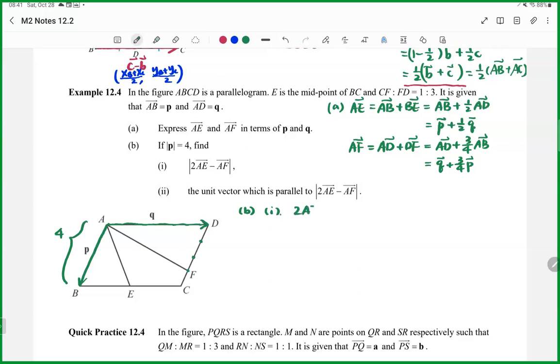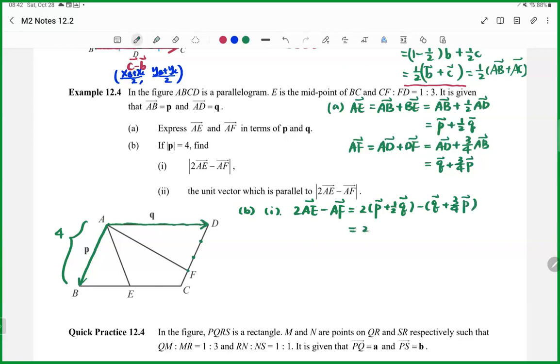First of all, 2AE minus AF. Right now, I'll just do substitution. I won't even look at the figure because it gets too complicated if I look at the figure. If they're expressed, then I'll just look at vectors. So 2AE minus AF, and then I will simplify.